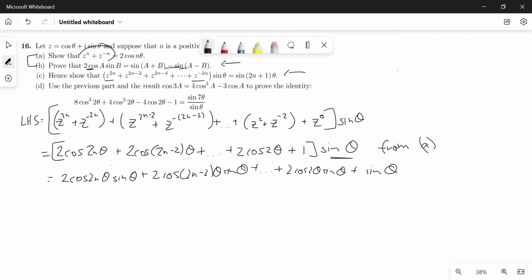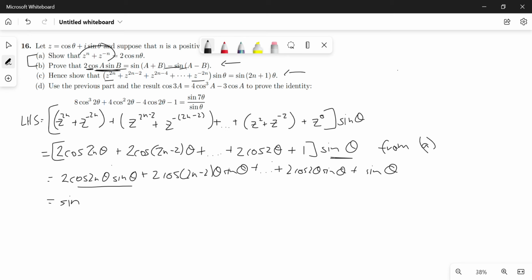Alright, so using now I've got that cos sine, which is part B, cos sine, with the 2 in front. The A is 2n theta and the B is theta. So you can see that becomes sine. So that first one, I've got 2n theta plus theta, so (2n plus 1) theta.